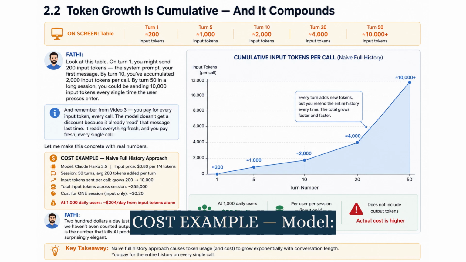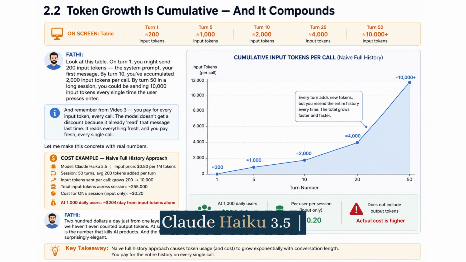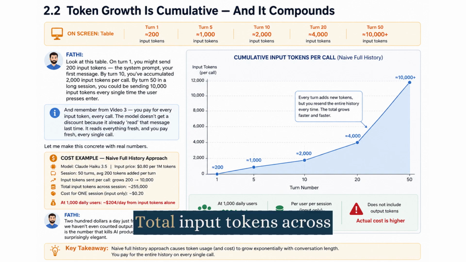Cost example. Model: Claude Haiku 3.5. Input price: 80 cents per 1 million tokens. Session: 50 turns, average 200 tokens added per turn. Input tokens sent per call grow from 200 to 10,000. Total input tokens across the session: nearly 255,000.